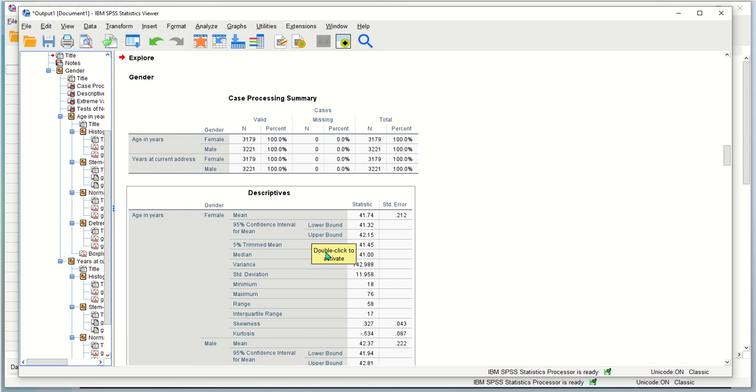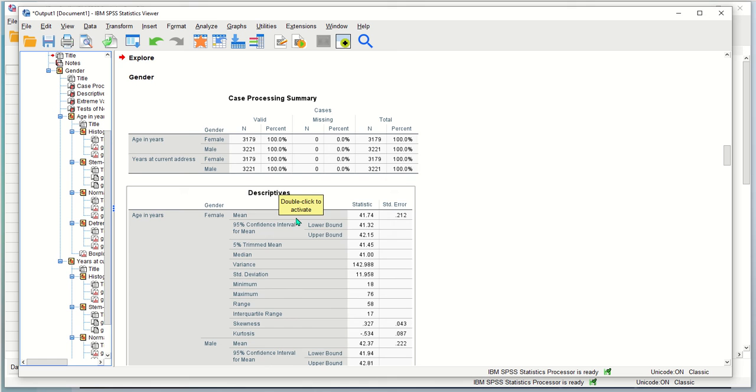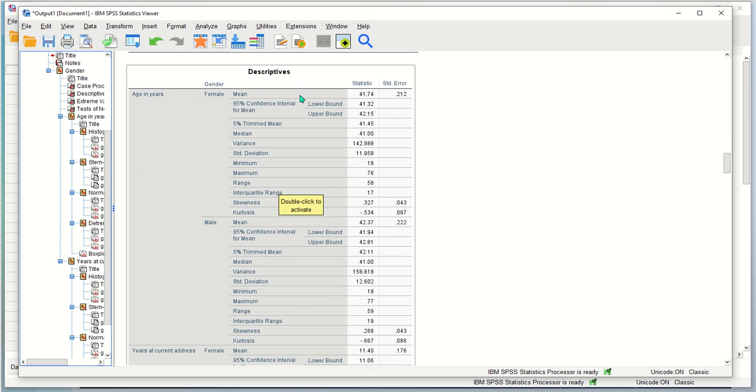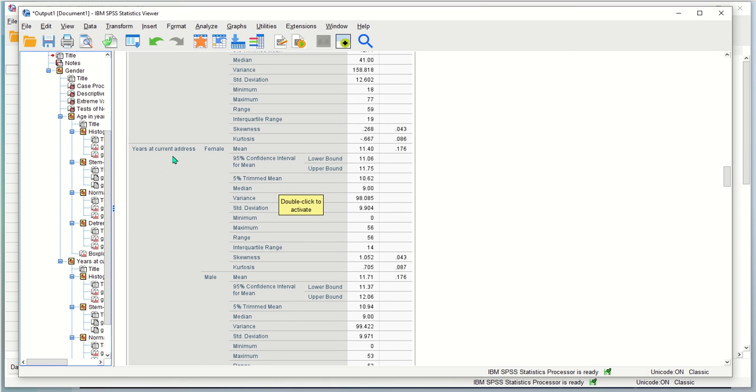Okay, so now you can see age and years is split between females and males. There's 3,179 females and 3,221 males. And now it gives our descriptive statistics for females and males, all of the same ones we've seen before. And it does the same for those in the current address.